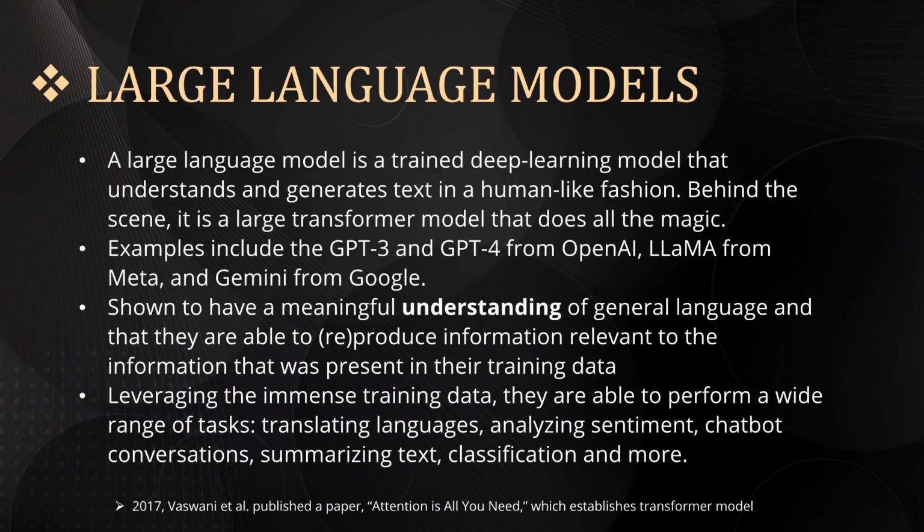So these large language models have been shown to have a meaningful understanding also. Just by training on massive corpuses, including books, maybe movies, Reddit, just internet data of all sorts, which they've refined, they've gone through multiple stages of training.